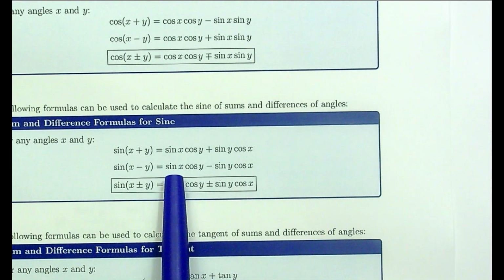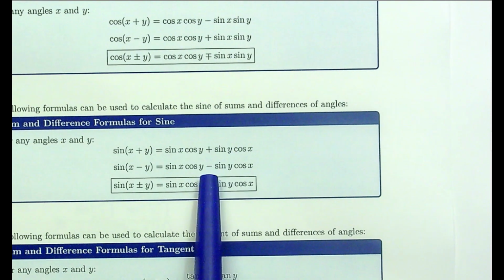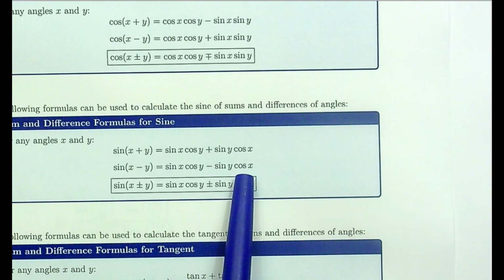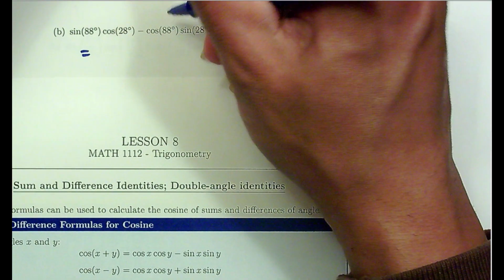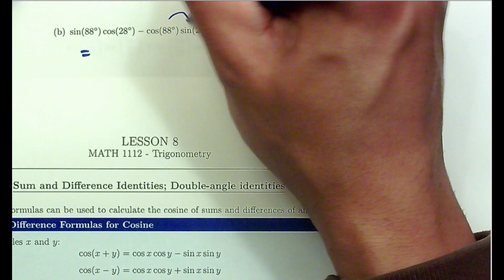So sine of one angle, cosine of the other angle, minus sine of the other angle, cosine of the other angle. You see the order here is a little bit different, but actually it doesn't matter because when you're multiplying things, the order does not matter here.